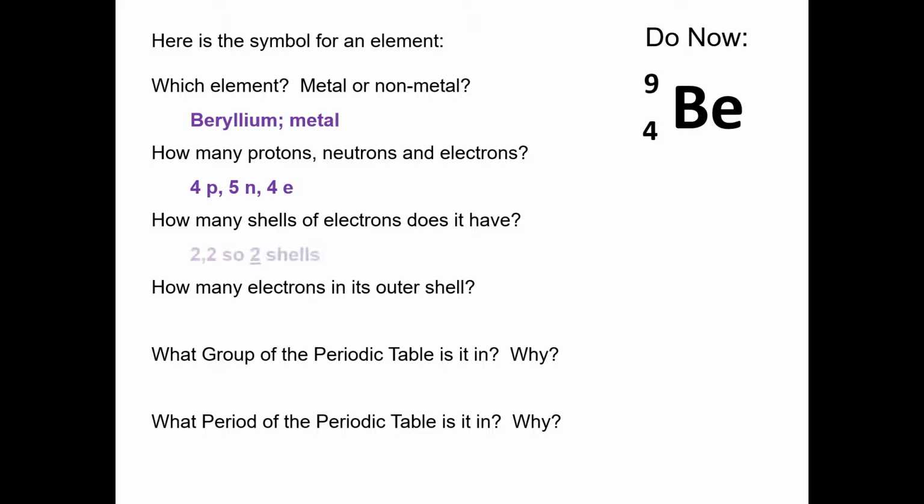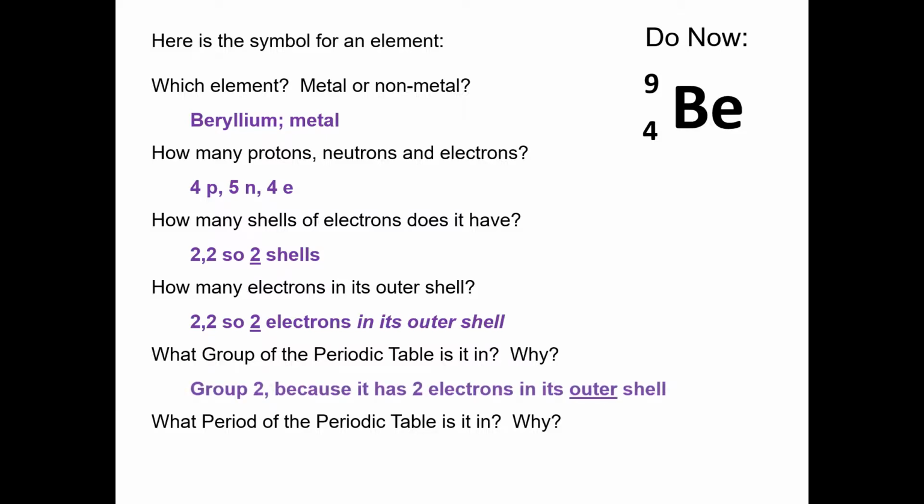Those electrons are arranged with 2 in the first shell and 2 in the second, so there will be 2 shells in total with some electrons in them, and therefore 2 electrons in the outer shell of this atom. What group is it in? It is in group 2.